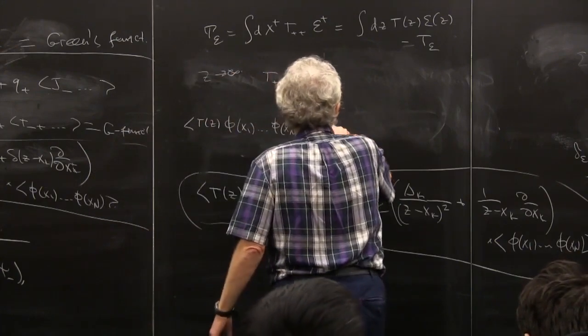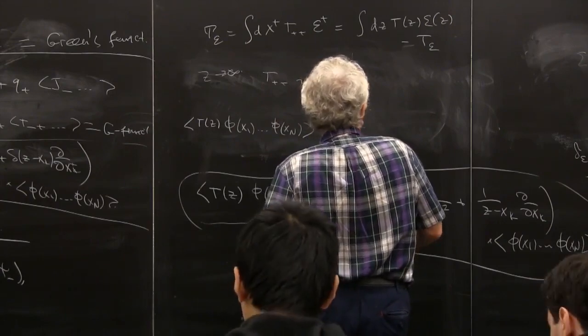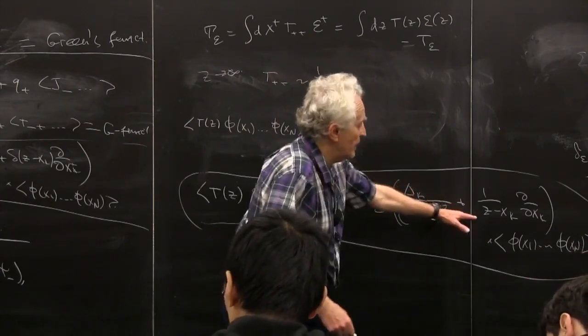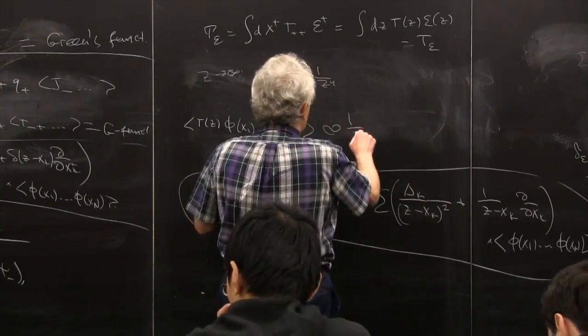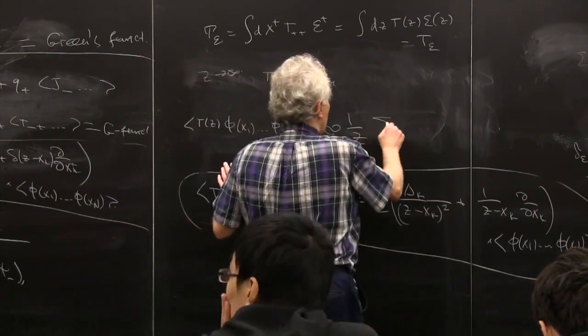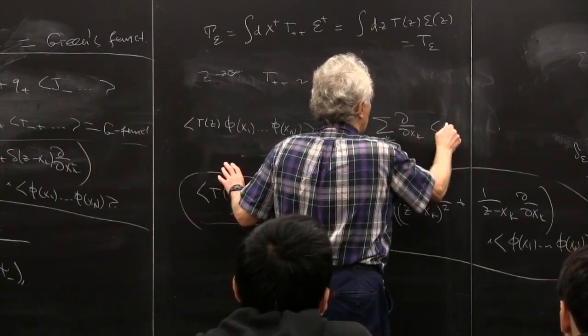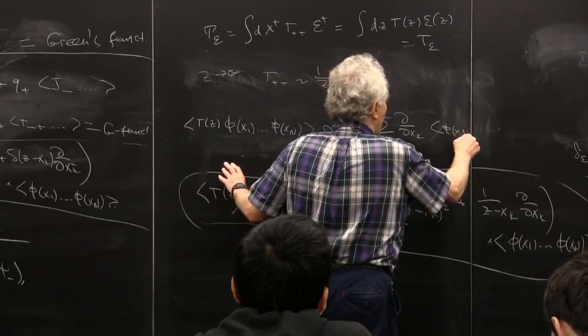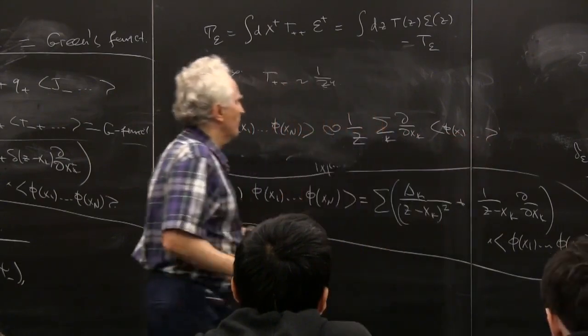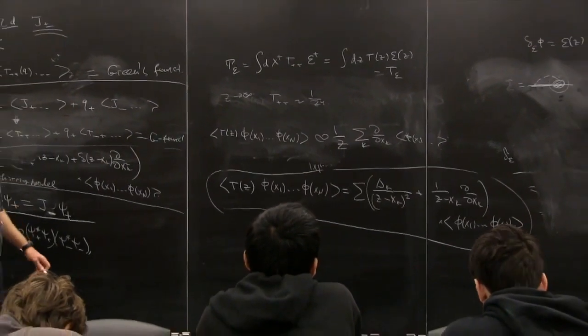You see that the leading term here will come from this, and it will behave like 1 over z multiplied by the sum over k of d/dxk applied to this. Now, what can you say about this term?